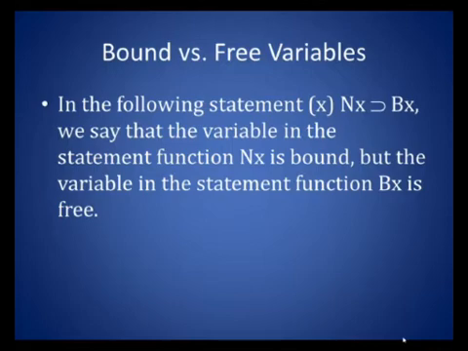So what we mean by bound and free is whether or not the variable that we're talking about is being governed by the quantifier. So in this case, since the only variable being bound or being governed by the quantifier is the variable attached to the n, it's considered bound, whereas the other one is considered free.